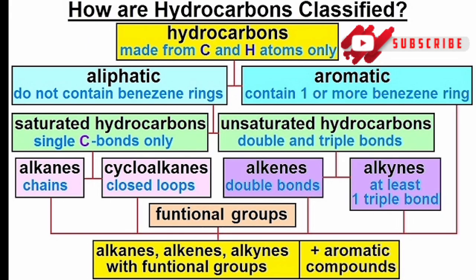So 2 carbon atoms means eth. That's why C2H6 is ethane. 3 carbon atoms means prop, P-R-O-P. That's why C3H8 is called propane. 4 carbon atoms is called but. That's why C4H10 is butane. 5 carbon atoms is called pent. That's why C5H12 is called pentane.